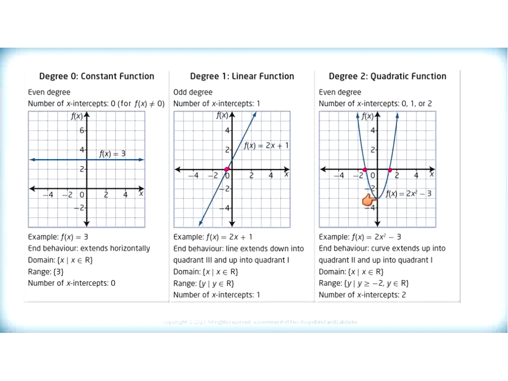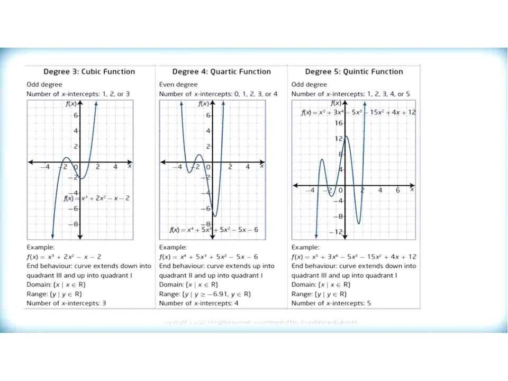And in this case, the range is all values of y that are greater than or equal to -3, and y belongs to the set of reals. And in this particular case, the number of x-intercepts is 2. There will always be a maximum number of 2 x-intercepts for a quadratic function.